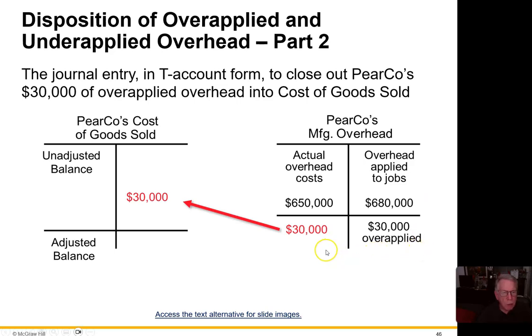So that gave me $30,000 over applied here, because my applied overhead was greater than my actual by 30,000. So we will then credit cost of goods sold and debit manufacturing overhead to correct that, so that this account here keeps a zero balance.